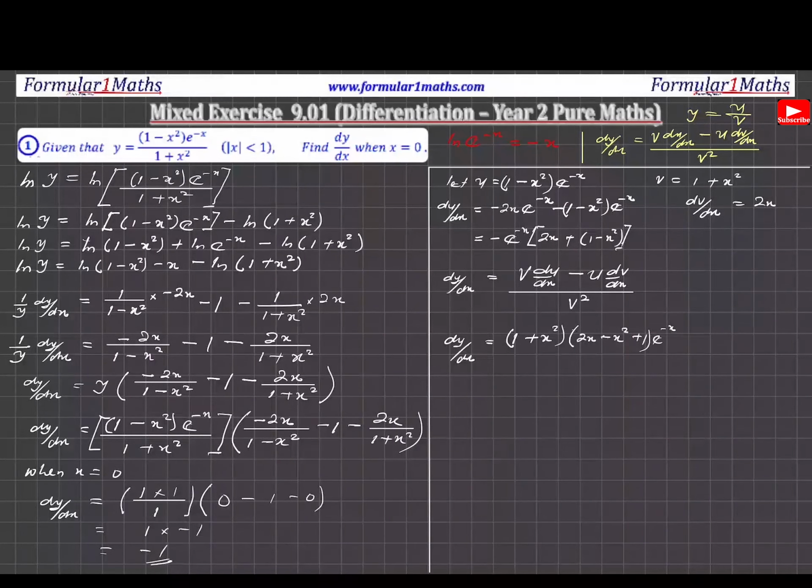But there's a negative here, so I prefer to put a negative over here. And then minus u dv dx. u is this one here, and dv dx is that.